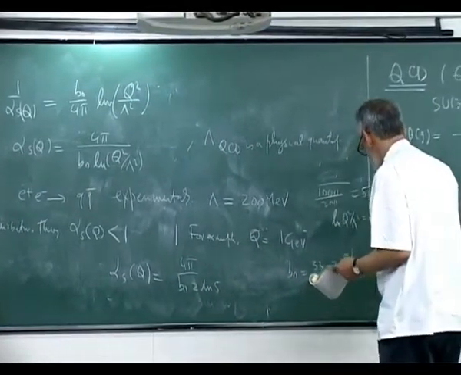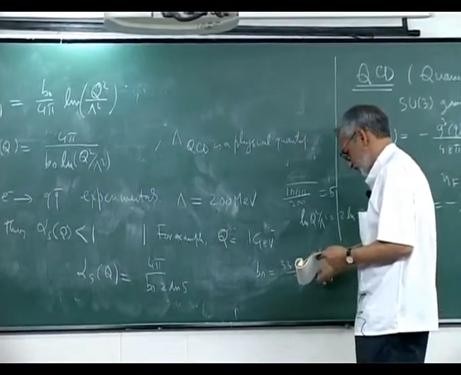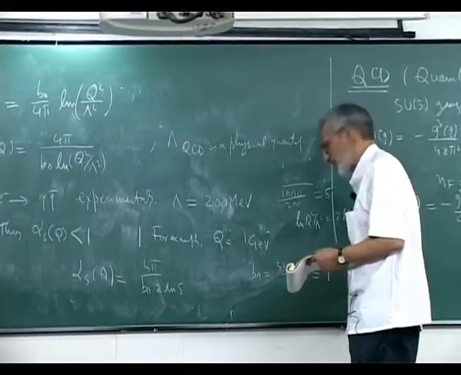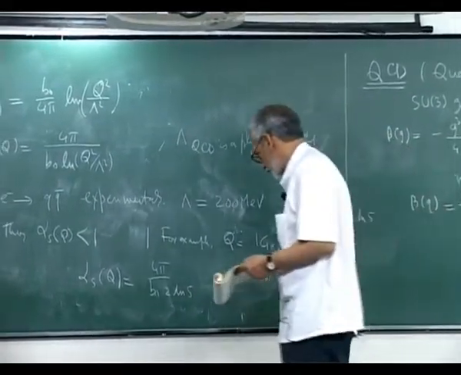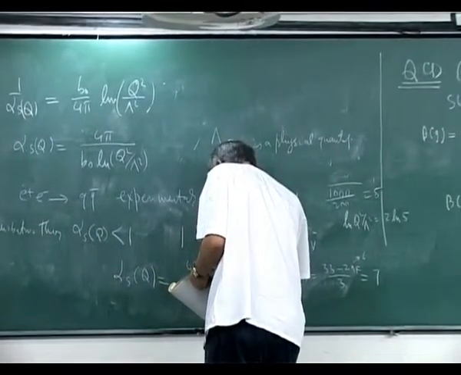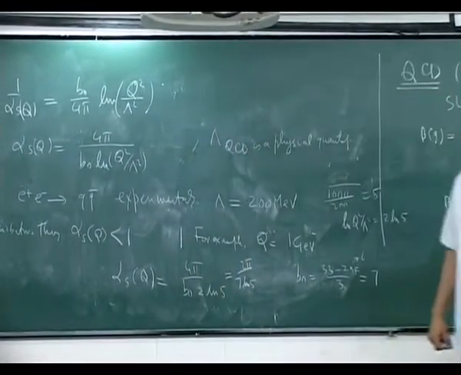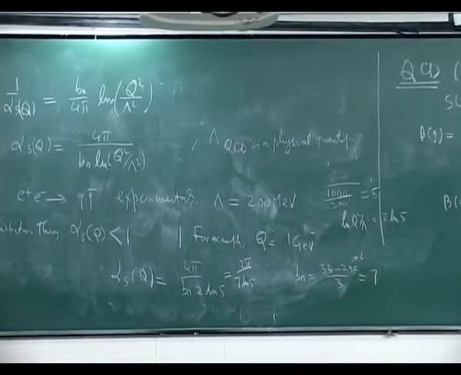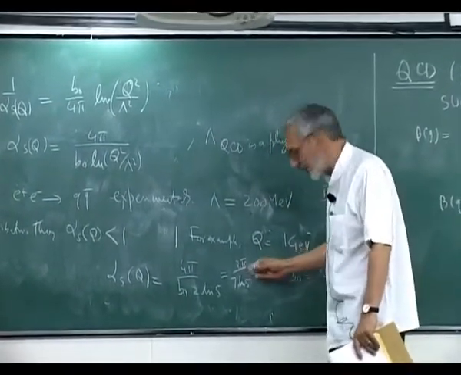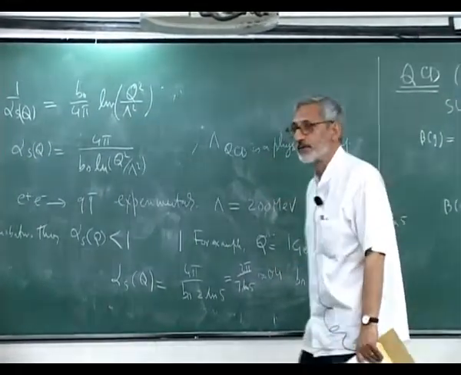So this is 21 over 3, that's about 7. So it is 2 pi over 7 log 5. Now you can just work out numerically what it is. 2 pi is essentially 6 and log 5 is about 1.6, so this object is of the order of 0.4.